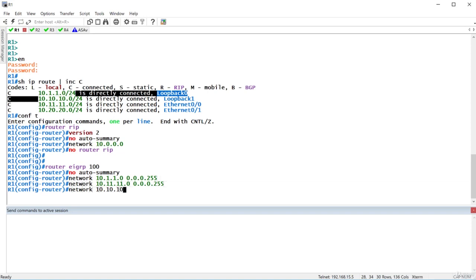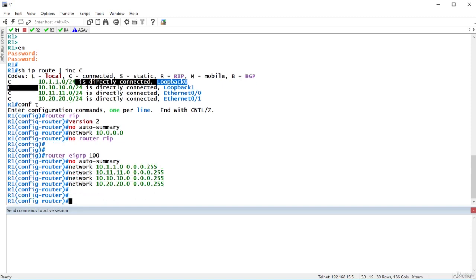That's how you would do it on a router. I could have easily done the 10.0.0.0 command. That would have enabled it on all of the 10 interfaces. I wanted to do this so that you guys can see how the wildcard mask differs.